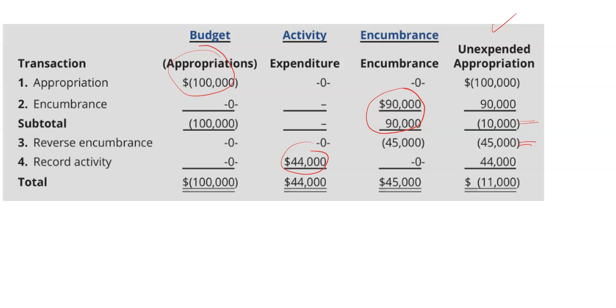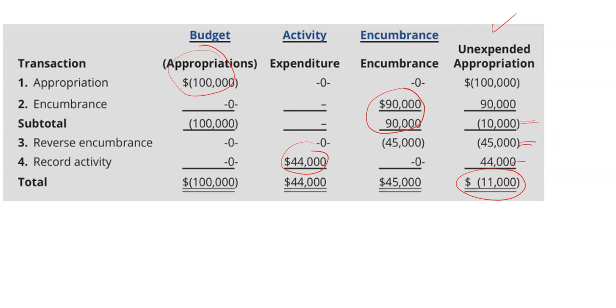And then when you record the actual item, you will see here you actually spent $44,000. So now you still have this $11,000 remaining in your appropriation.